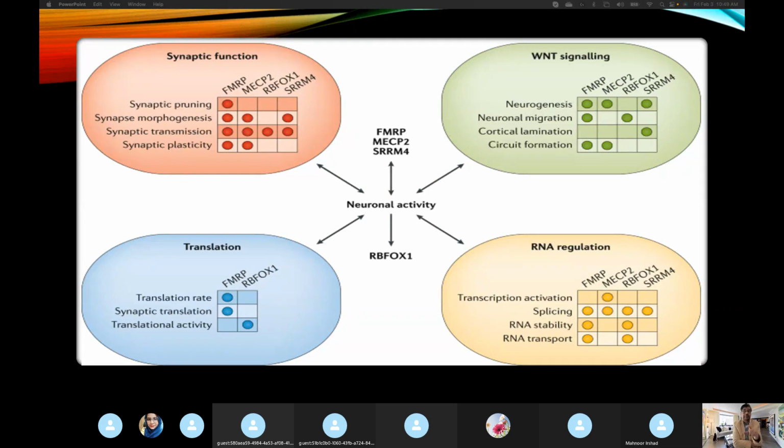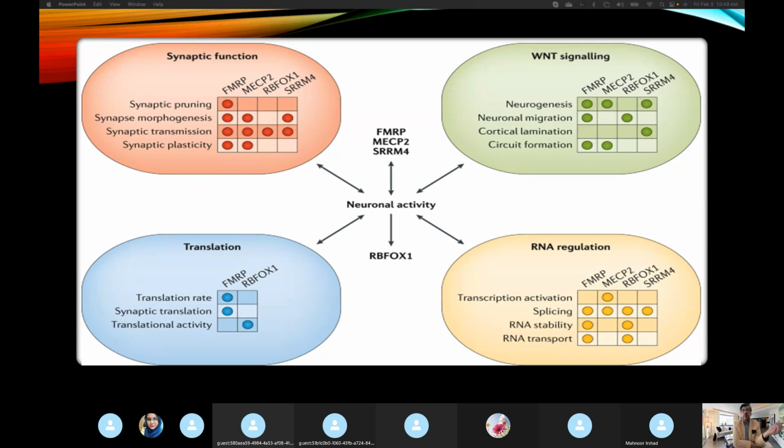In autism, all of these four processes are affected. Pruning means migration, and morphogenesis means transformation of the neurons; transmission and plasticity mean regeneration of the neurons. So neurogenesis, neuronal migration, cortical lamination, and circuit formation. These are some other words.